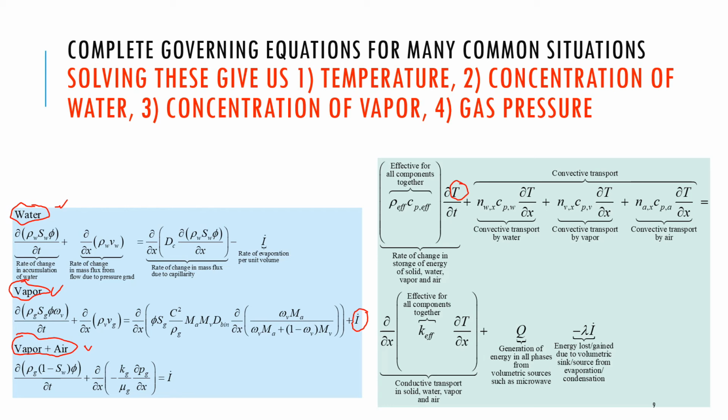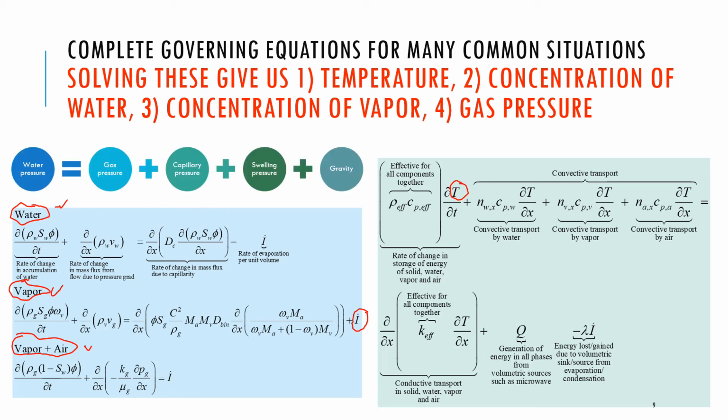It's important to know that these equations are for a special case. It's not the most general case. In this case, the swelling pressure and gravity are ignored because we are talking about the porous matrix being unsaturated, which is quite often the case. When it's unsaturated, then gravity can be ignored, and also swelling pressure can be ignored in many of these cases.